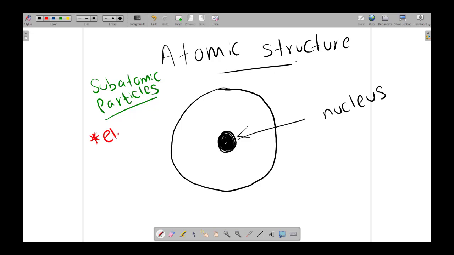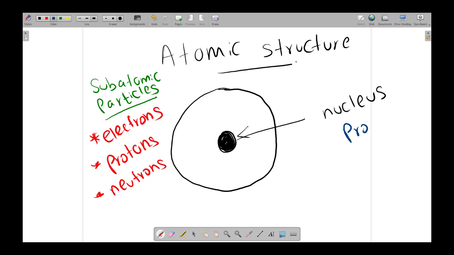They are electrons, protons, and the other one is neutrons. Inside the nucleus, we have protons and neutrons. Protons and neutrons, they are inside the nucleus.